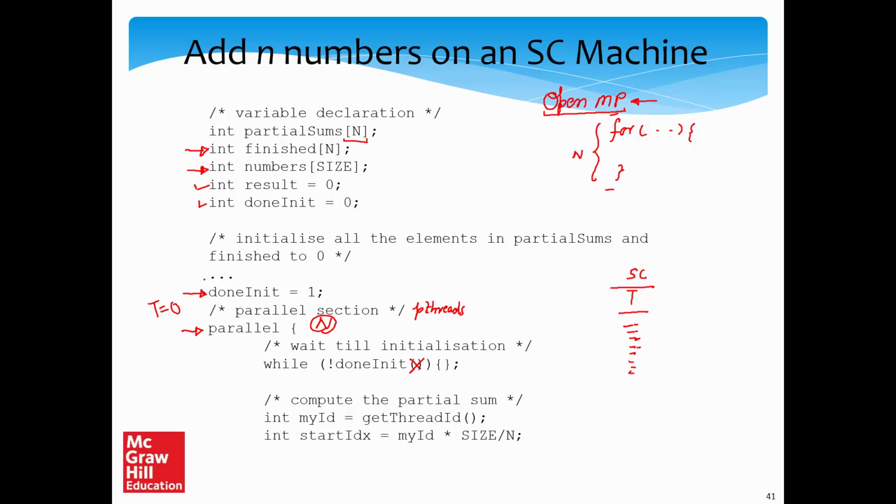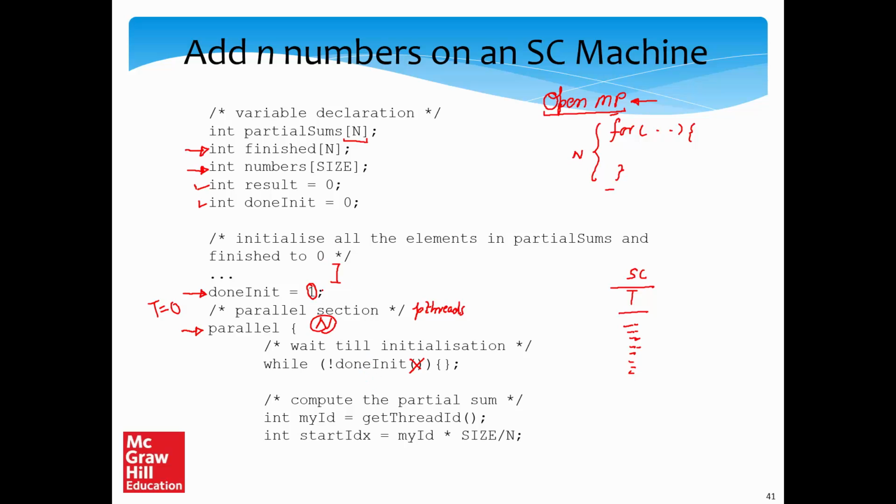That's the reason we explicitly set a flag called done init. When done init is set to 1, it means that by the SC assumption, all the initialization is done. Once other threads see that the initialization is done, they will start.